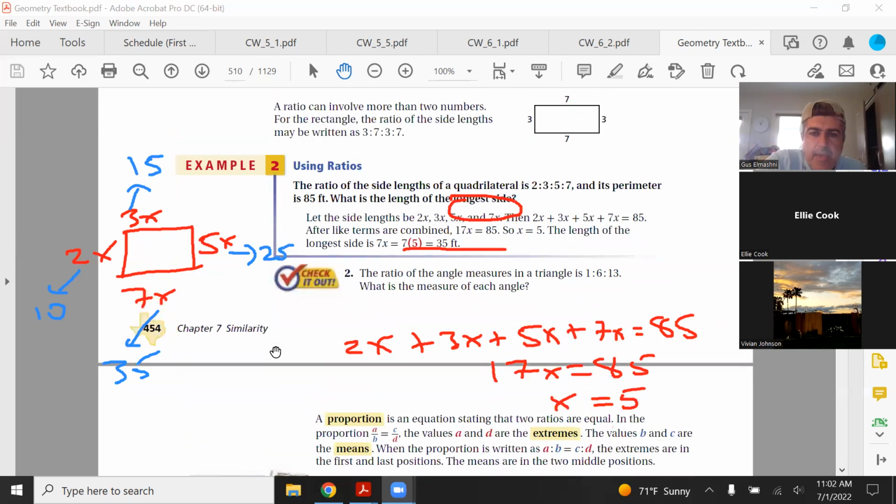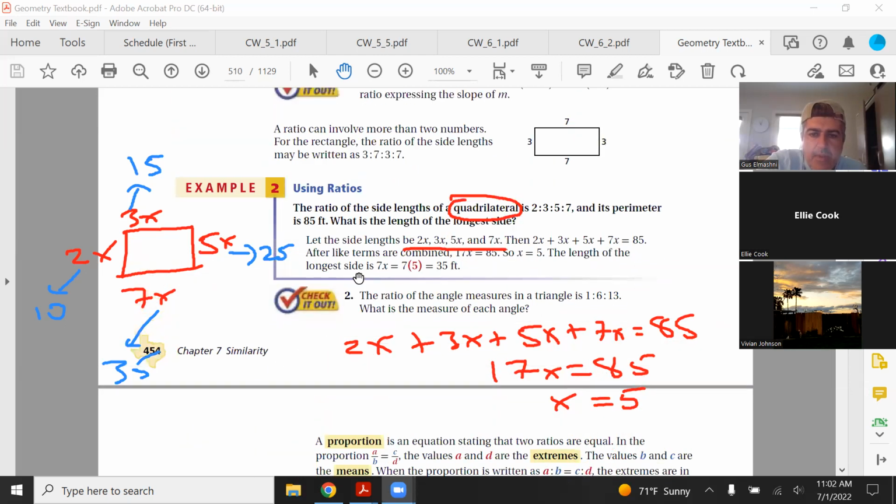There's another one with triangles you could use. If we look at this one right below, it says check it out. The ratio of angle measures in a triangle is 1 to 6 to 13. Well, if I add up 1, 6, and 13, I get 20. Of course, the angles of a triangle don't add to 20. I know they add to 180.